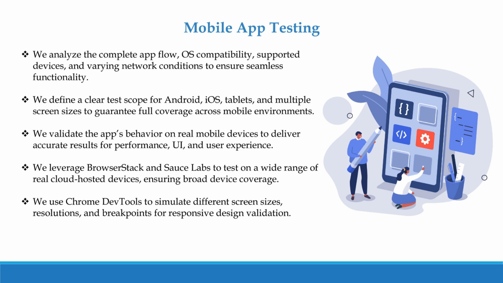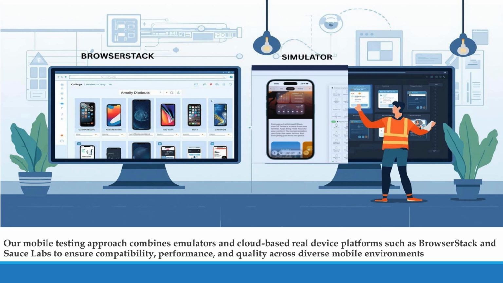We take the help of BrowserStack and Sauce Labs to test a wide range of real-world devices, because each person uses different Android and iOS phones and tablets, with different screen sizes, but our motto is to get the appropriate functionality given by our client. So these are the things followed in mobile application testing.